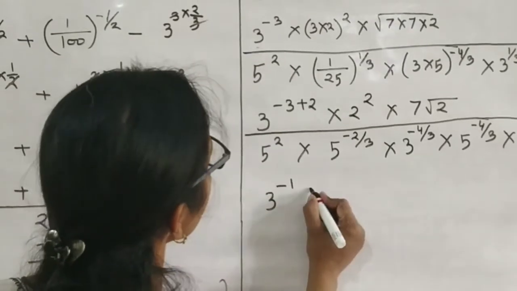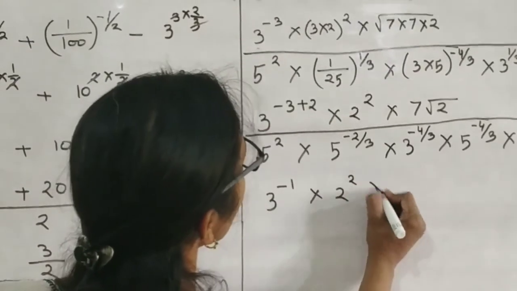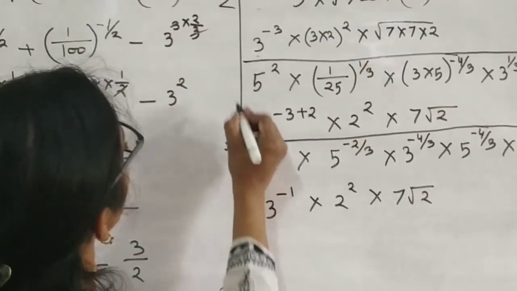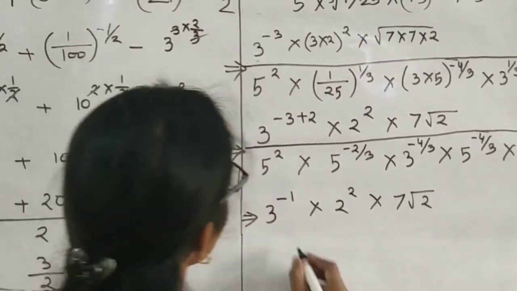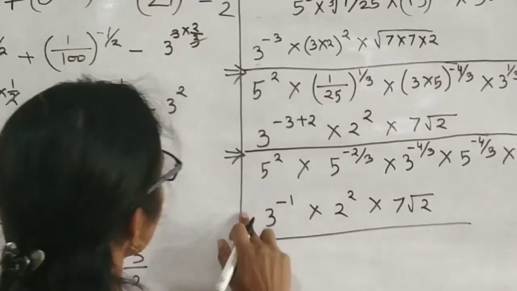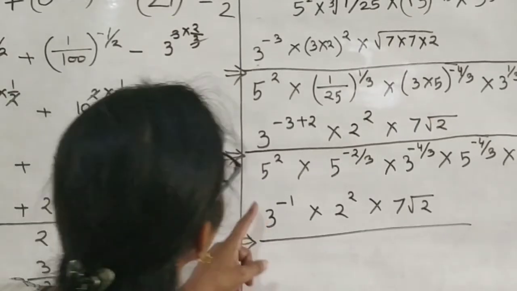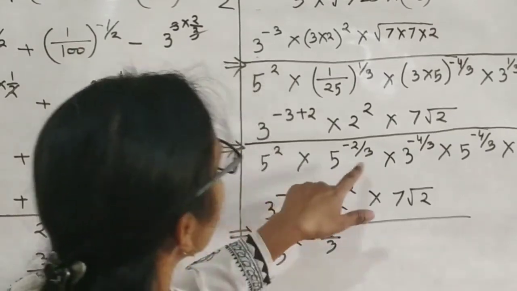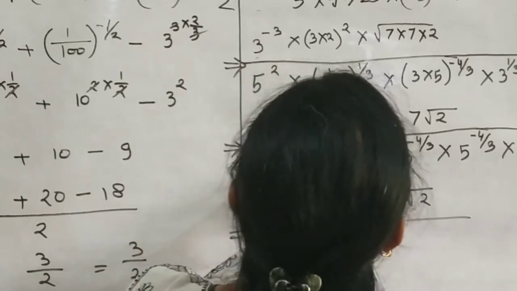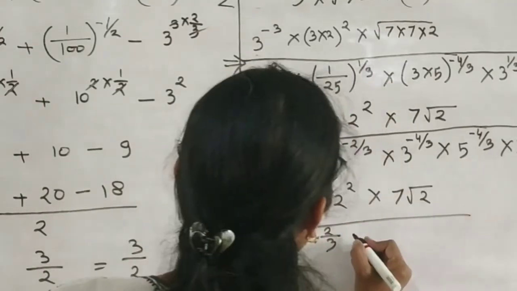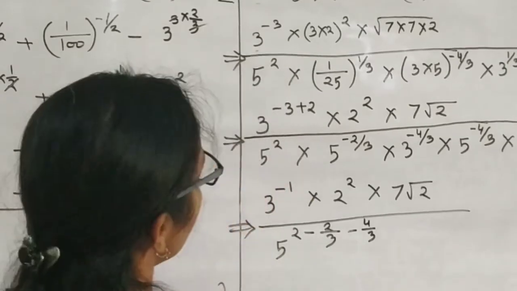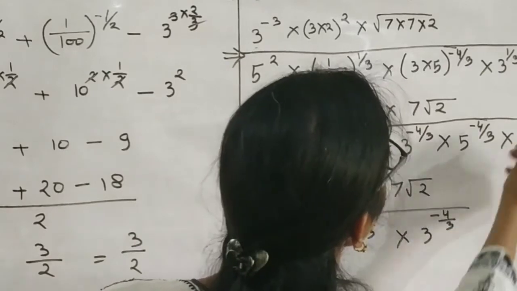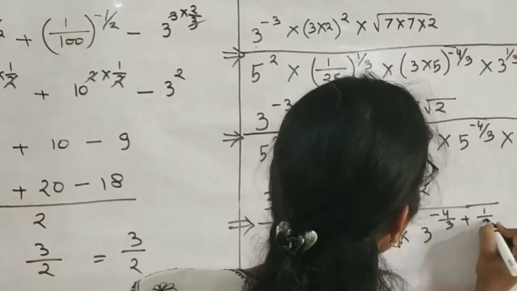3 power minus 1 into 2 power 2 into 7 under root 2 upon 5 power 2 minus 2 upon 3, the power will be plus here, minus 4 upon 3 into 3 power minus 4 upon 3 plus 1 upon 3.